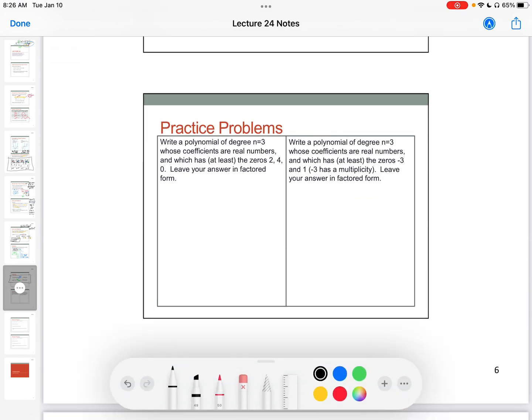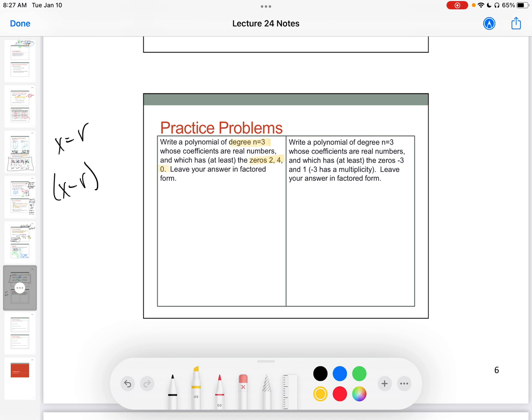This first one is pretty straightforward, and it follows the rule that if you get x equals r, then x minus r is one of the factors. What this tells us is that this is a degree 3, all the coefficients are real numbers, and it has at least the zeros of 2, 4, and 0.